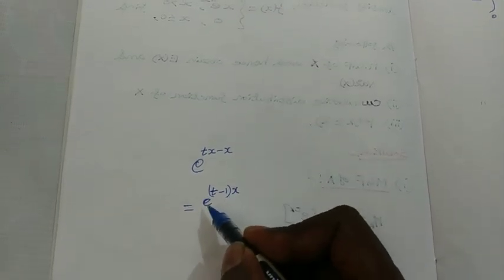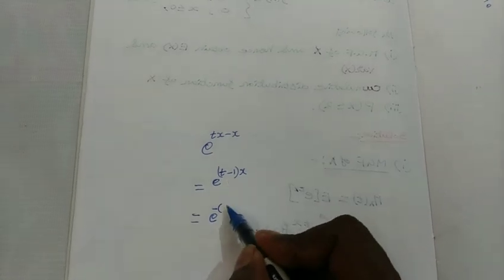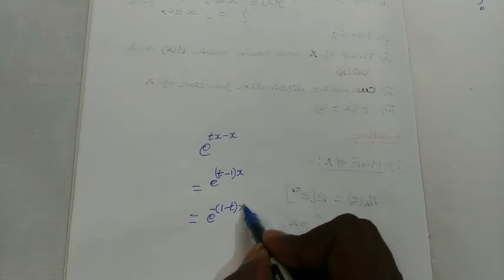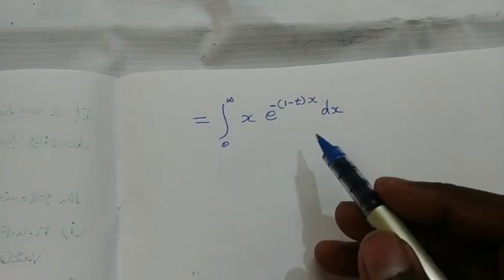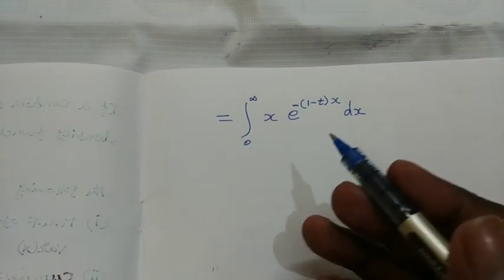But I want an e power negative term, so take minus outside: e power minus 1 minus t into x. So that is how I wrote it. Next I want to integrate this function.